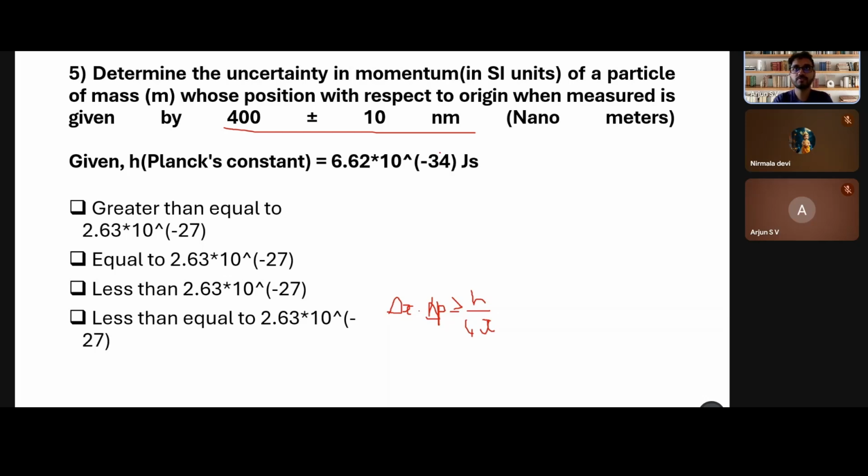Out of this you have to take this 10 nanometers as the uncertainty.